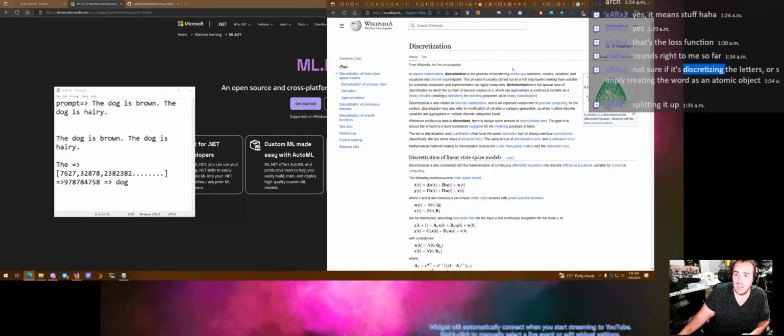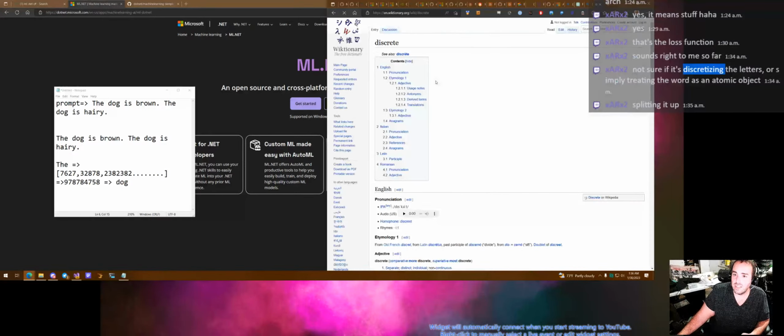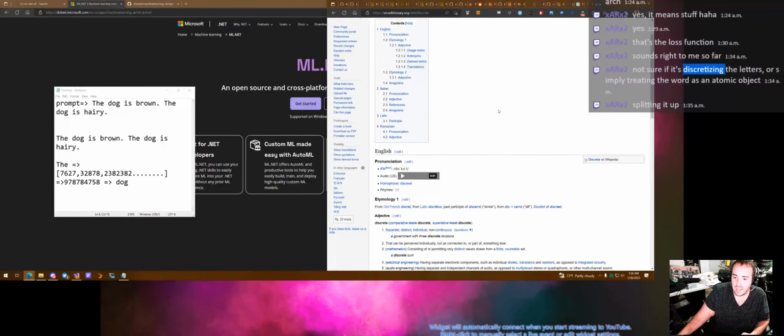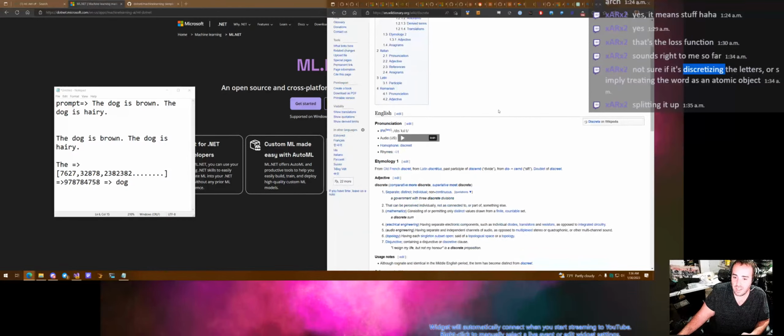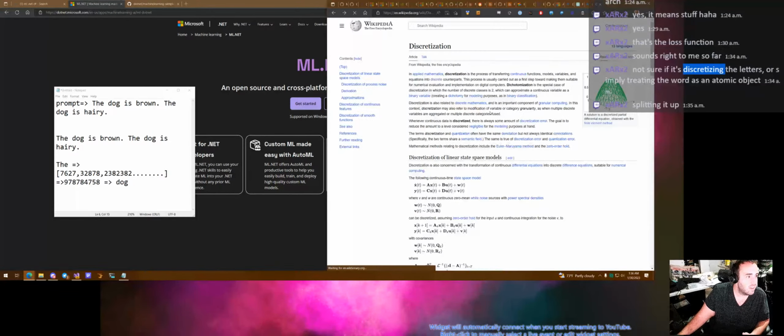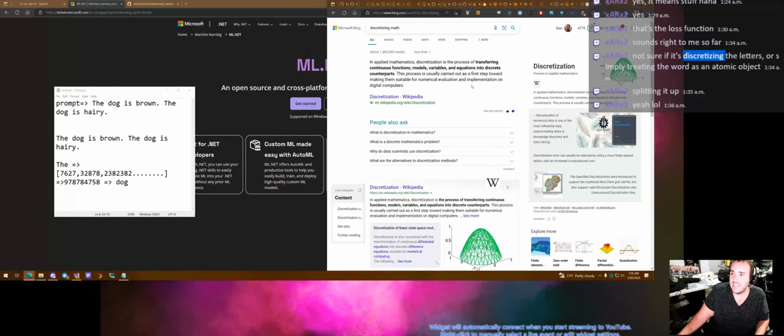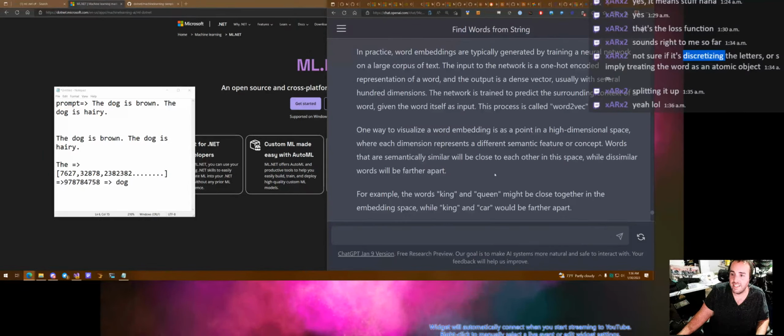Splitting it up, process of transferring continuous functions, models and equations into discrete counterparts. Now, does it mean like unique, right? Like distinct, right? Is that what they're kind of saying here? Yeah. Okay. All right. So they could have just said that.